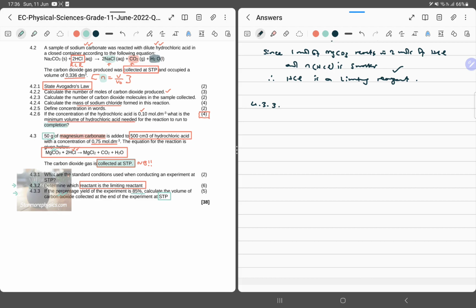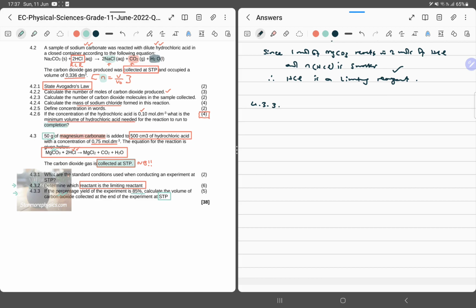Now the percentage yield, basically, it's talking about the product, okay? And one of the products is carbon dioxide. So we are essentially going to deal with that story. That is the story of carbon dioxide that we got. Now, when we do percentage yield, it's going to be theoretical versus actual, is it not?